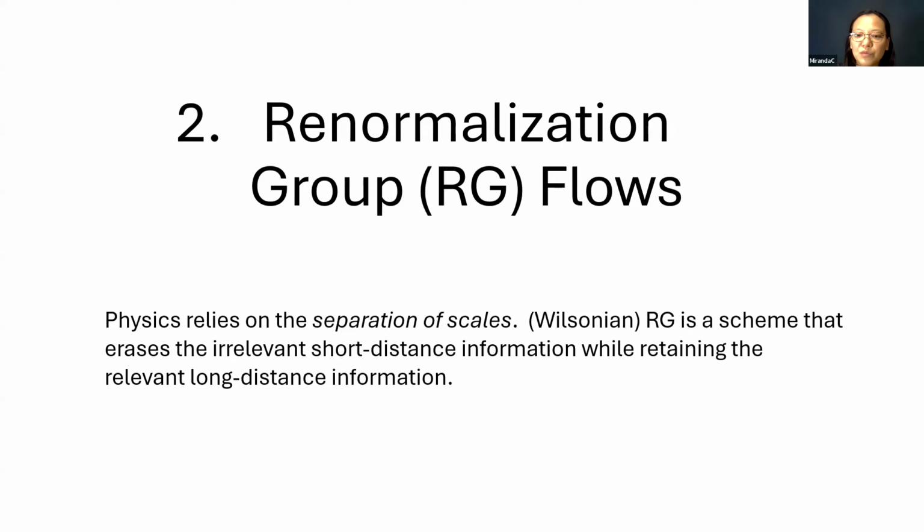In particular, the Wilsonian RG scheme is a scheme that we use to erase the short distance information that we don't care about while retaining the long distance information that we do care about. So what does it have to do with the diffusion model that I was just talking about?